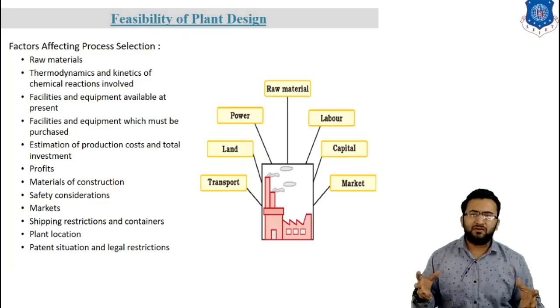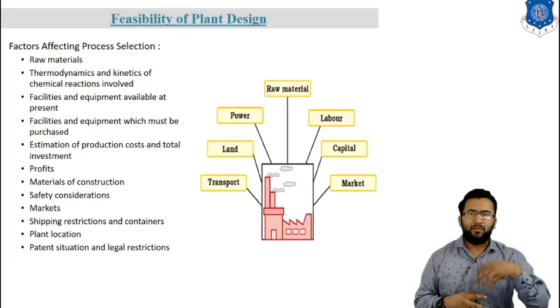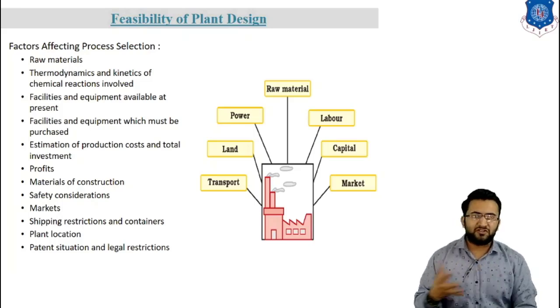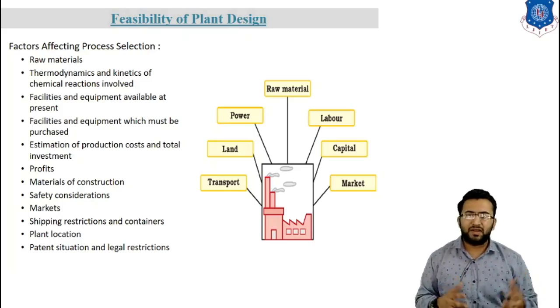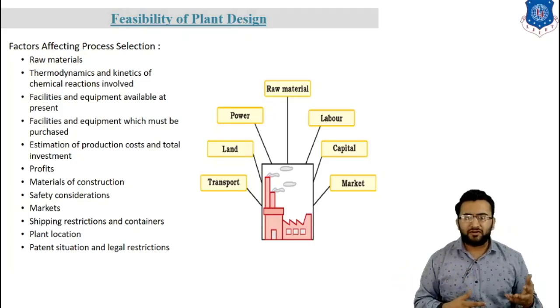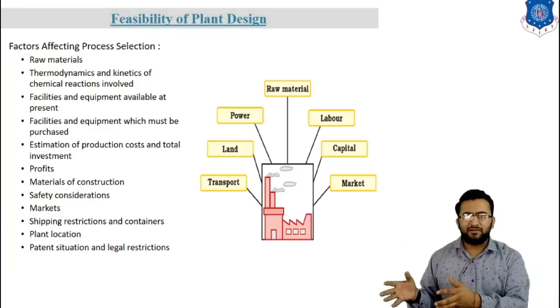The following factors should be established within narrow limits before the detailed design is developed: the manufacturing process, material and energy balance, temperature and pressure range, raw material and product specification, yield, reaction rate, time cycle, material of construction, utilities requirements, and plant site.